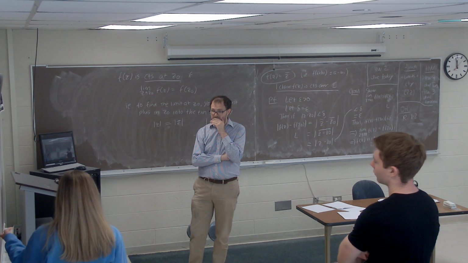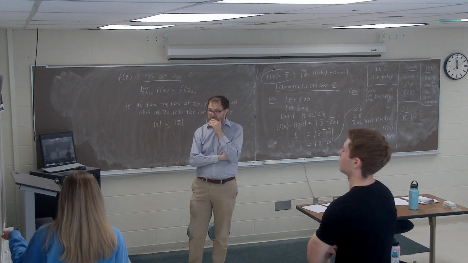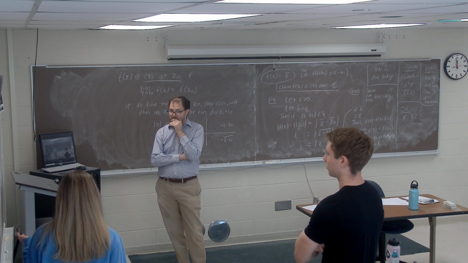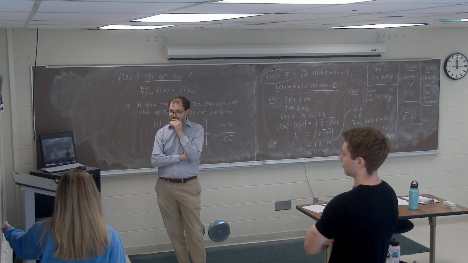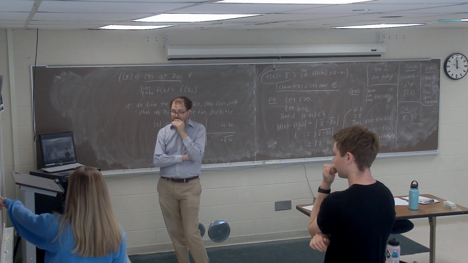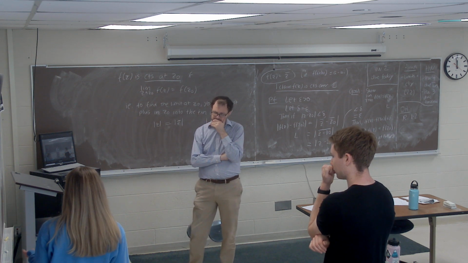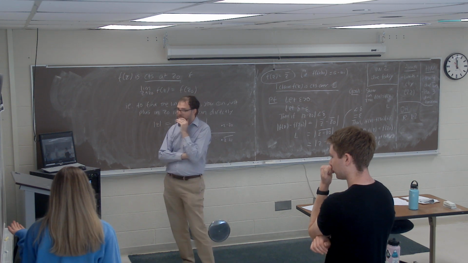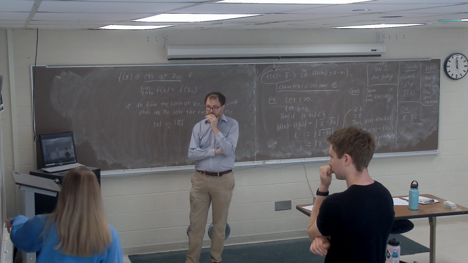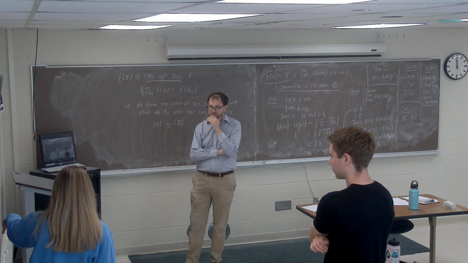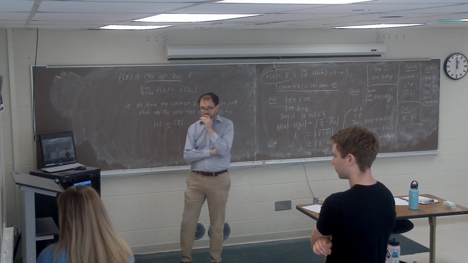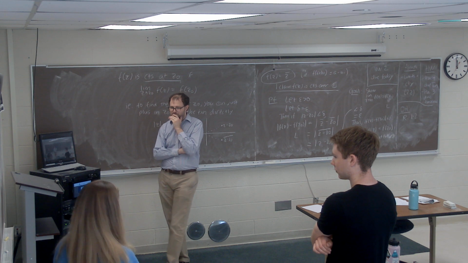When you get to this 1 over n part, because little n is greater than big N, 1 over little n is less than 1 over big N, and then you can plug in 1 over epsilon for big N, since big N has to be greater than or equal to 1 over epsilon. Once you plug that in, you get epsilon, and then you know that this limit converges to 1.